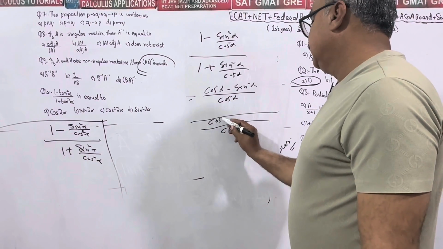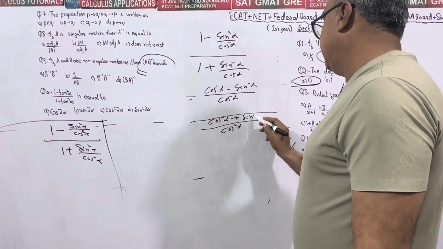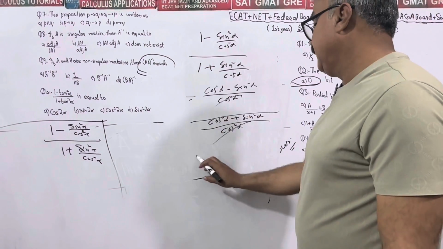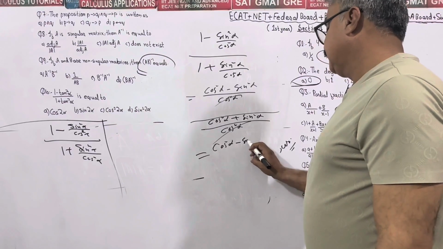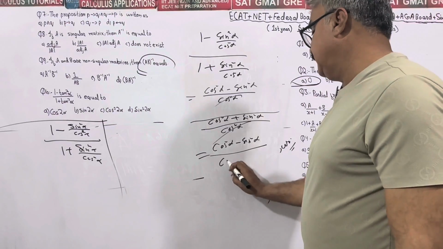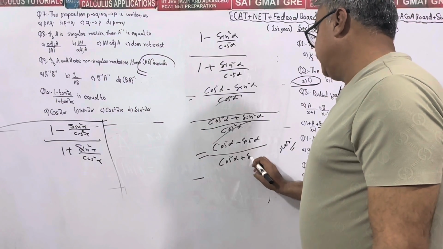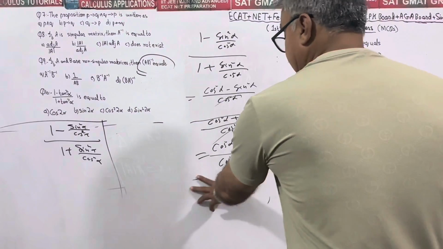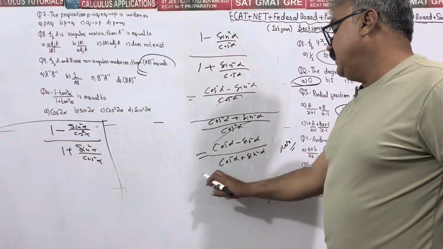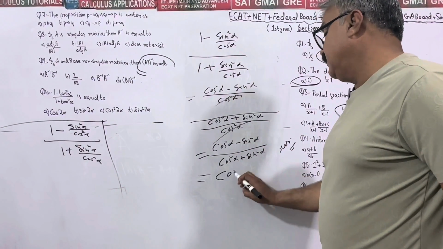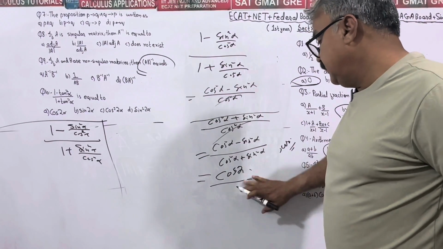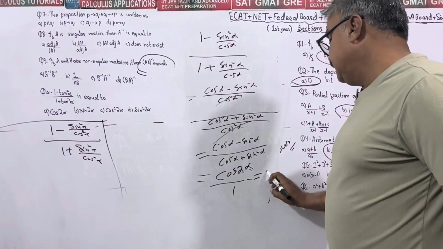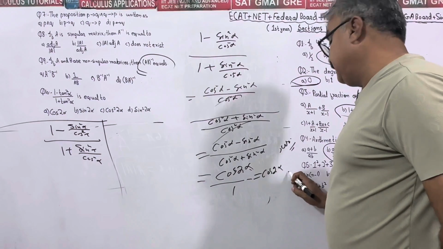Here we have cos square alpha plus sin square alpha. Cancelled out. Cos square alpha minus sin square alpha, and in the denominator we have cos square alpha plus sin square alpha. It is equal to 1, and cos square alpha minus sin square alpha is equal to cos 2 alpha over 1, so cos 2 alpha is the eventual answer.